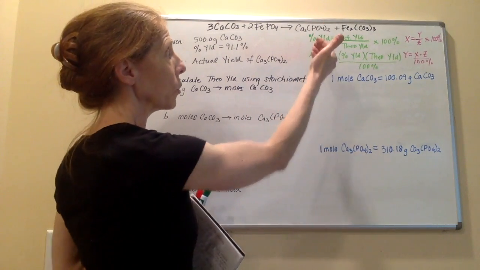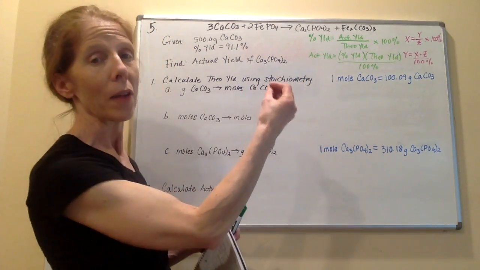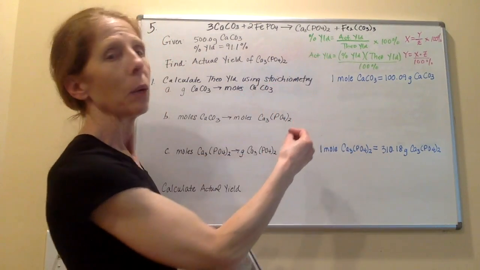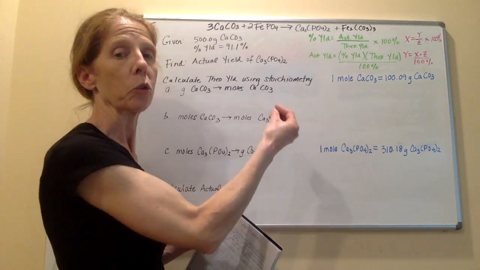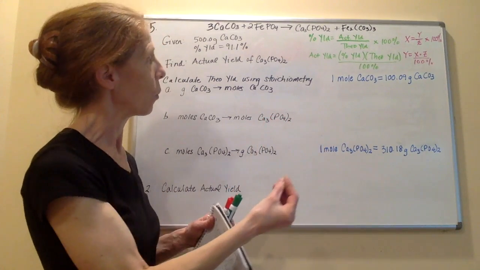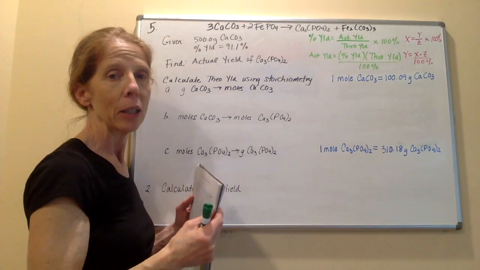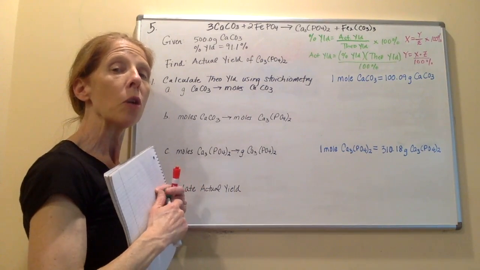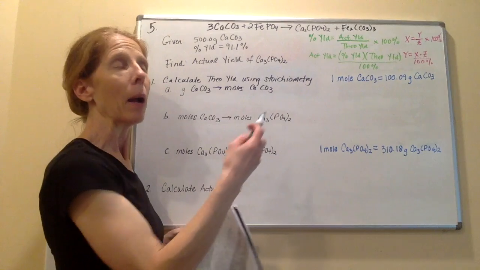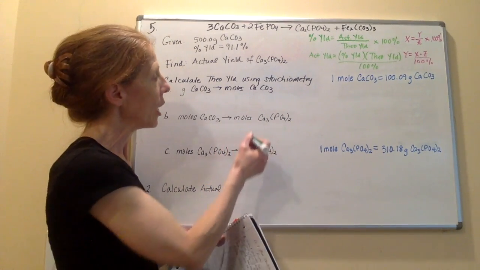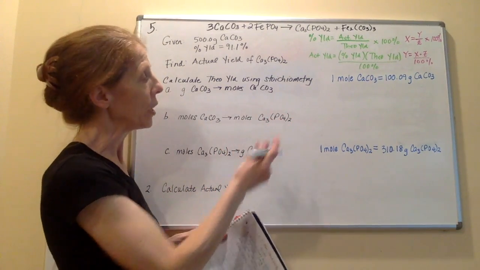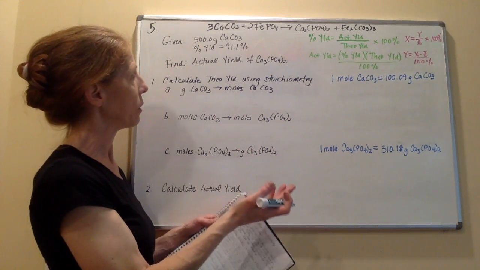We have percent yield. We don't have theoretical yield. We're trying to find the actual yield. So how do we do that? Well, again, they've given me information about calcium carbonate. So if I know how much I'm starting with, I can determine how much calcium phosphate I should end up with. So let's walk through the steps of doing that.